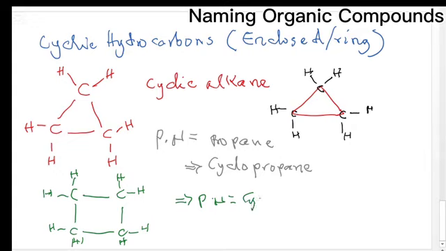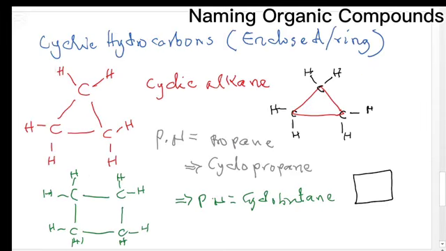Yes, this is going to be a cyclobutane. Now it can also be drawn this way with 4 carbon atoms, so you can have it like this. See that? So like a square or a rectangle. Okay, so now you can even have a cyclopentane also.